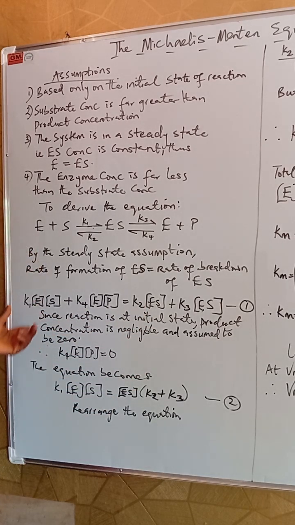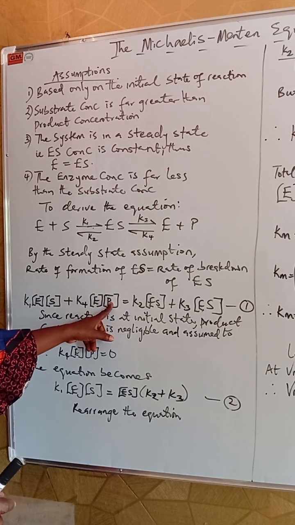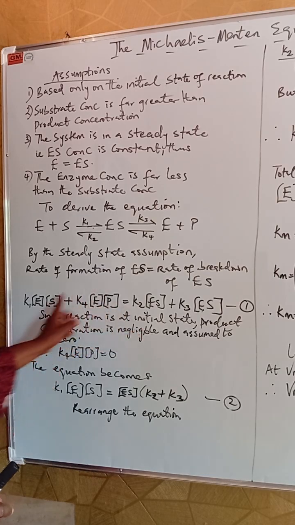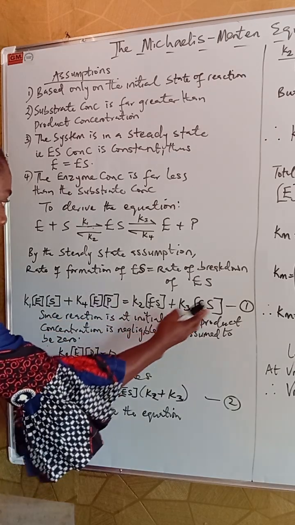And since, from assumption 1, we're saying the reaction is at initial state, the product concentration is almost 0. So if we put 0 here, this will be eliminated. So we have only just this from this equation 1 on the left hand side, and on the right hand side, everything remains the same.